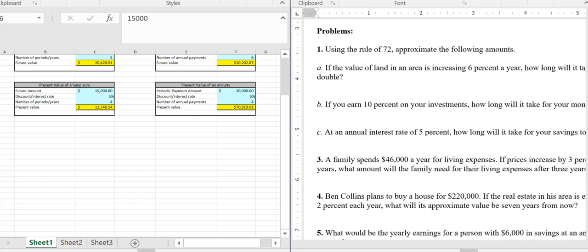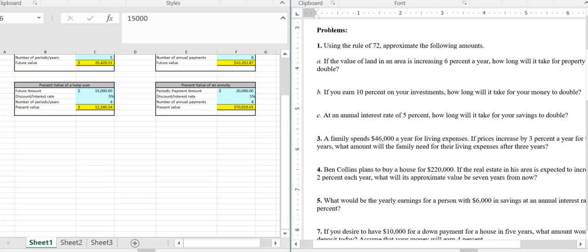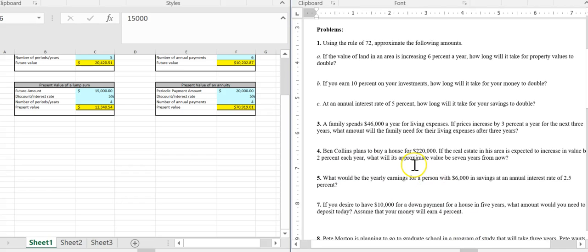So I'm going to go over here to problem number 3. A family spends $46,000 on living expenses. If prices increase 3% a year, what would we call that? We'd call that inflation. For the next 3 years, what amount will the family need?